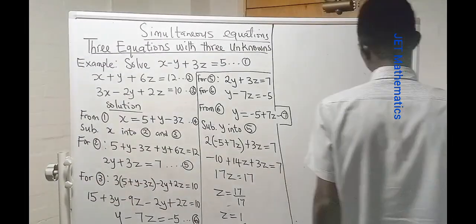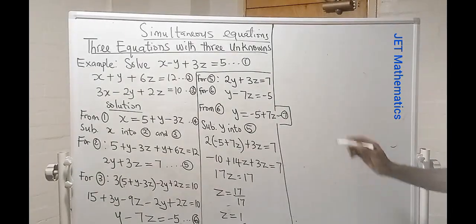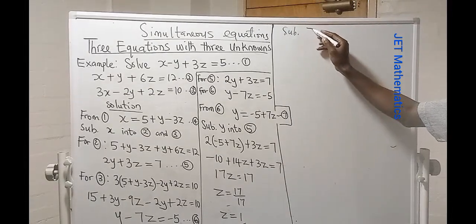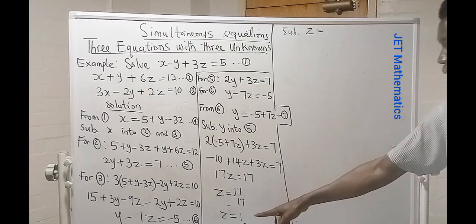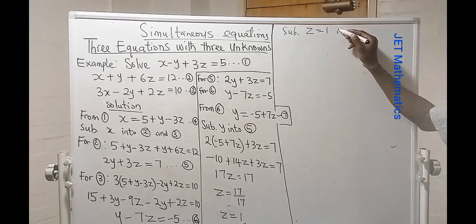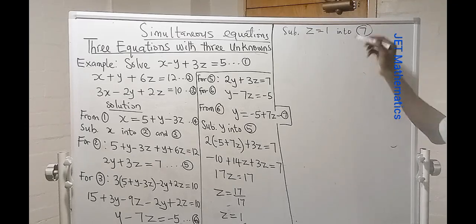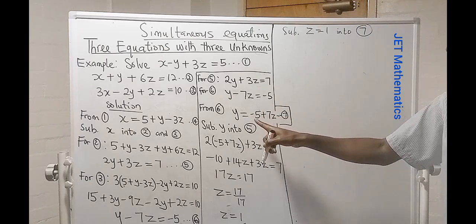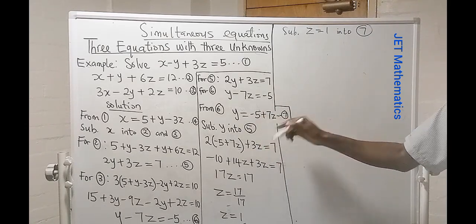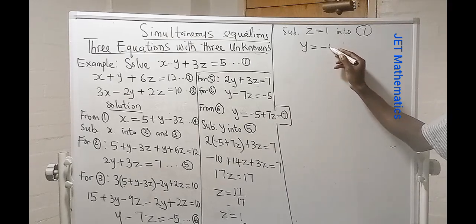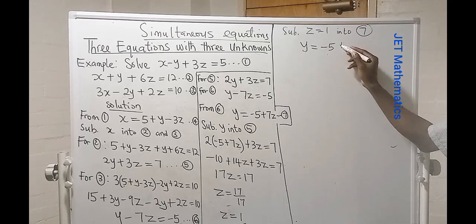To do that, we substitute z equals 1 into equation 7. So we get y equals minus 5 plus 7z.